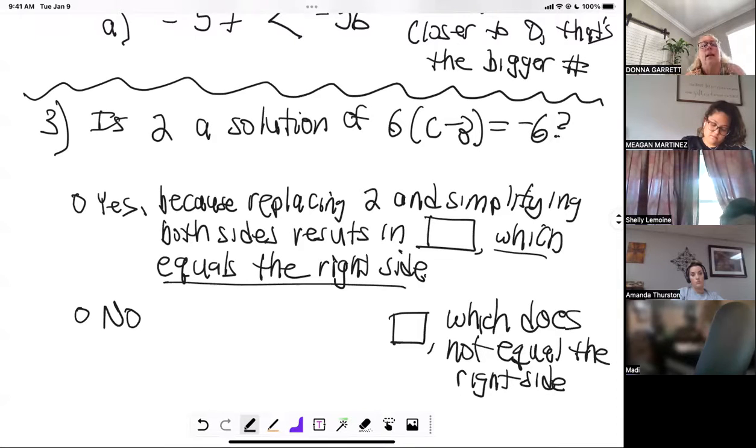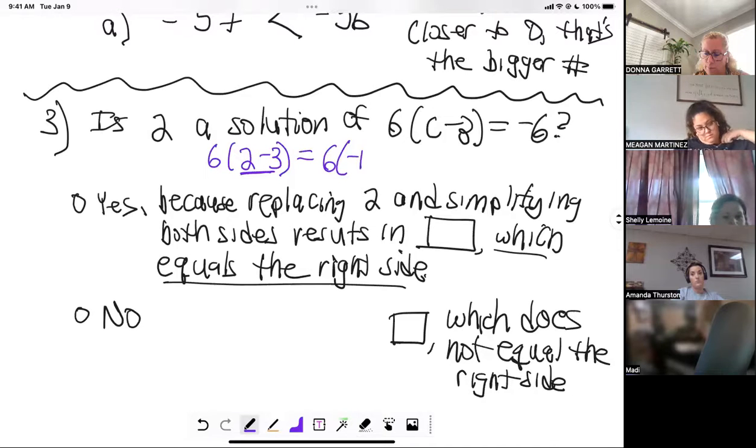Okay, so what the heck are they asking you to do? What they want you to do is to substitute 2 in for c, right? So I'll put a different color so you see it. We're going to take 6, put 2 in for c, and simplify it. I do the parentheses first. If I simplify that, I get 6 times negative 1.